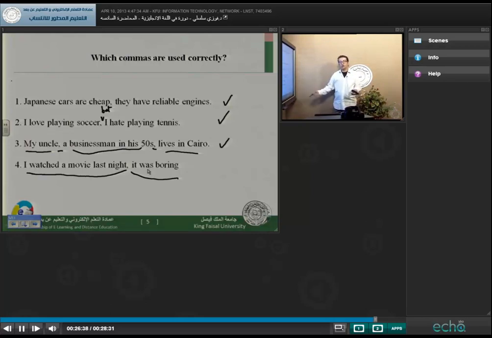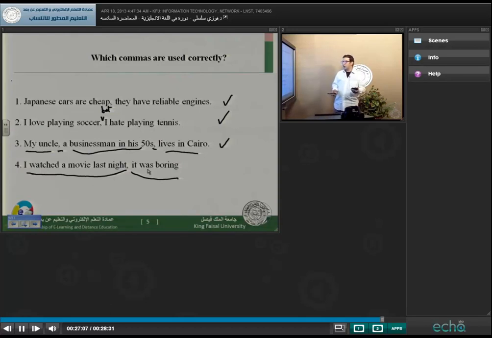It was boring. So these two sentences are independent clauses. They make sense by themselves. They do not need to be joined. That comma is a comma splice because it's trying to join two sentences in a bad way. It doesn't succeed in making that connection between these two sentences.